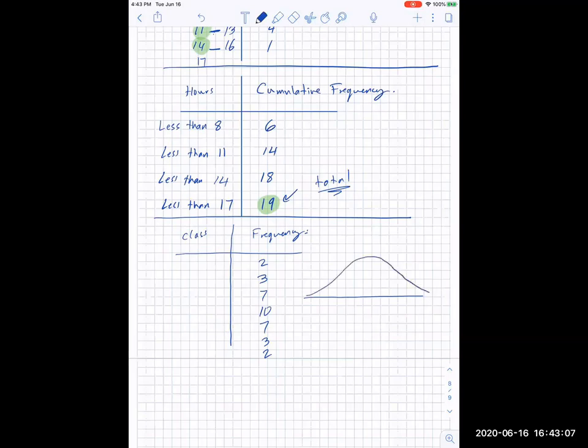You guys agree? So this class in the middle has the highest frequency. The first class has the lowest frequency. The last one also has low frequency. So we have, again, a bell curve.